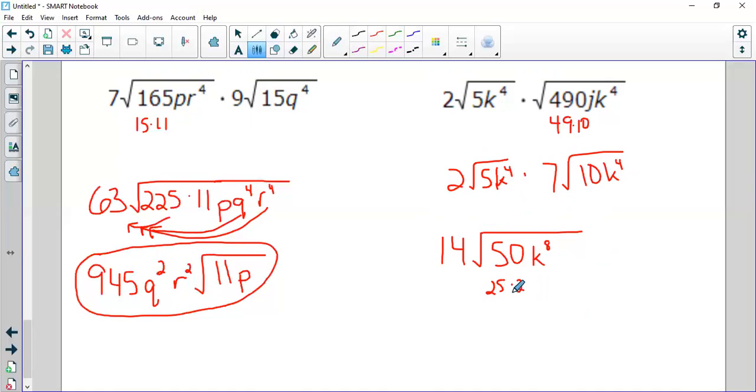And then the 25 is going to come out and become a 5, because that's a perfect square. The 14 that's already there multiplies the 5 and becomes 70. The k to the 8th comes out because it's an even exponent, perfect square, divided by 2. K to the 4th. And inside the radical, the only thing left is the 2.